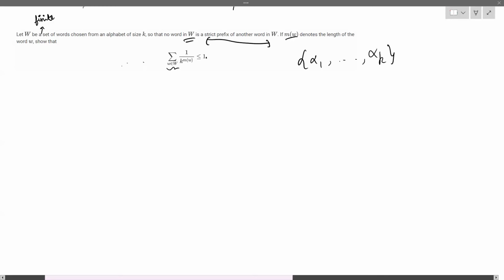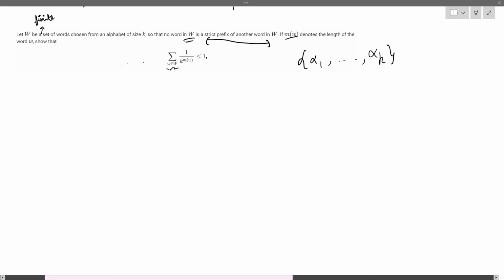So I think we randomly choose a string, and we find the expected number of things which are in W. Let's say the maximum length is n.